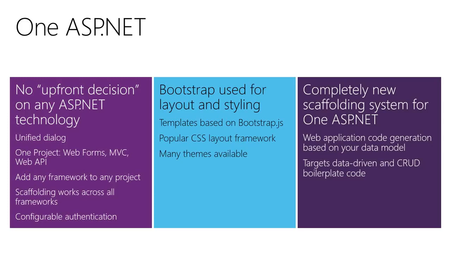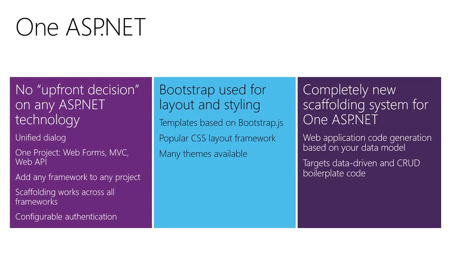It's bootstrapped in, and it's also using Bootstrap, a popular CSS layout framework. So that's already built in for you. And there's a completely new scaffolding system. For those of you who are familiar with MVC, you can go in and say, I want a new controller and view for this entity in the Entity Framework model.